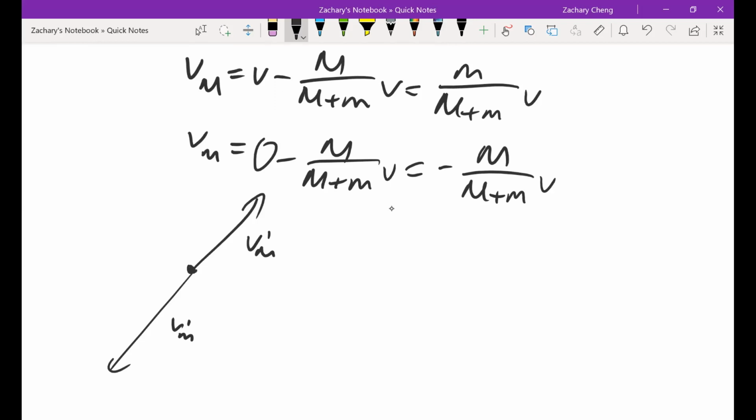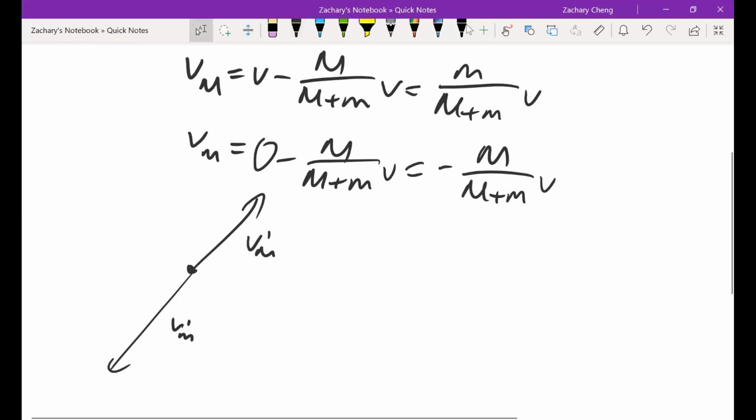And so then we can find this vM prime, because in the center of mass frame, when two particles collide with each other, after the collision their velocity is just reversed. It's negative, and that's a detail you could pretty easily figure out yourself, but it's also something worth remembering.